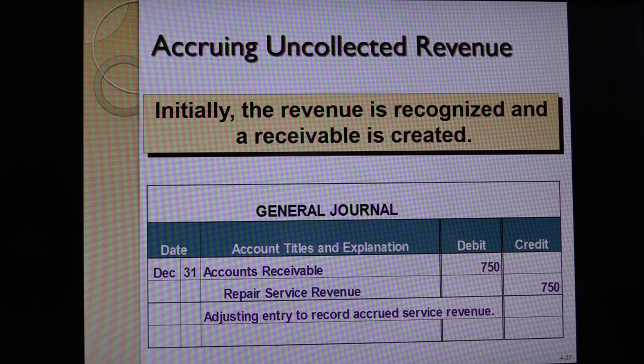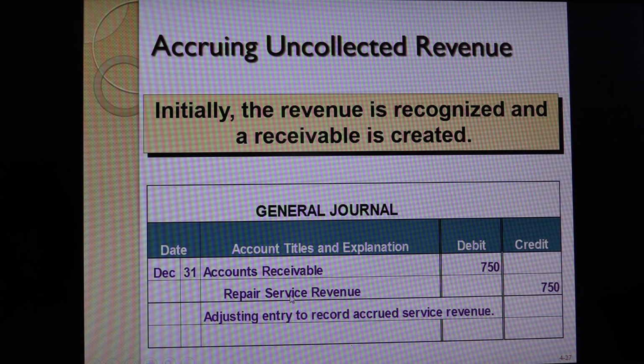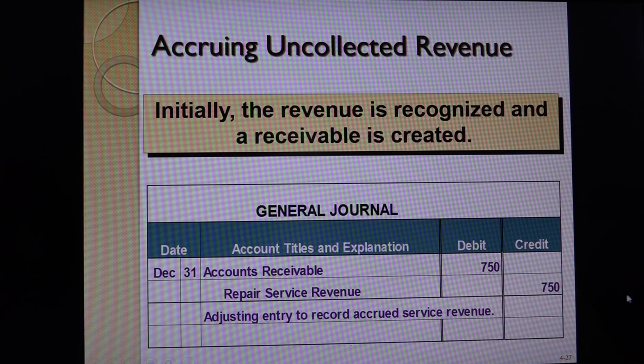And you would go to the sub-ledger accounts to find out details on what a particular customer owes you. But probably the better thing to do here is accounts receivable dash ACE, or whatever the name of the company is, so you can keep track of this stuff. And so that's your debit, and your credit is to repair service revenue in this case.